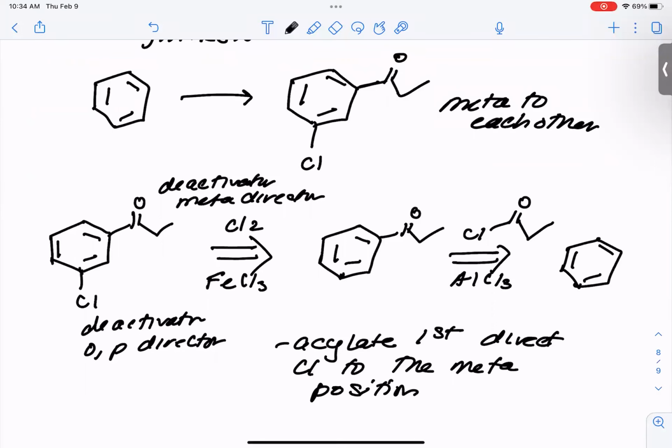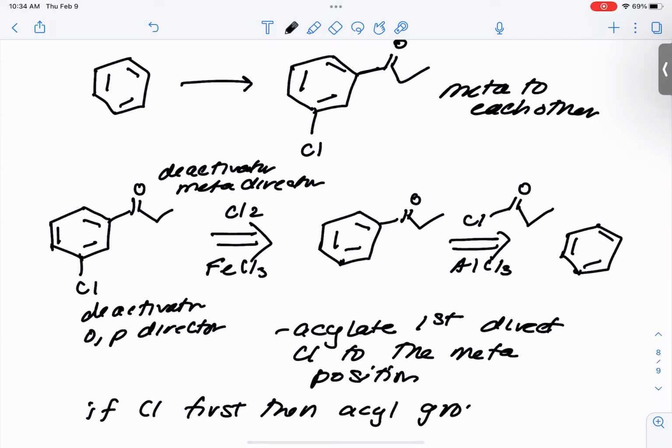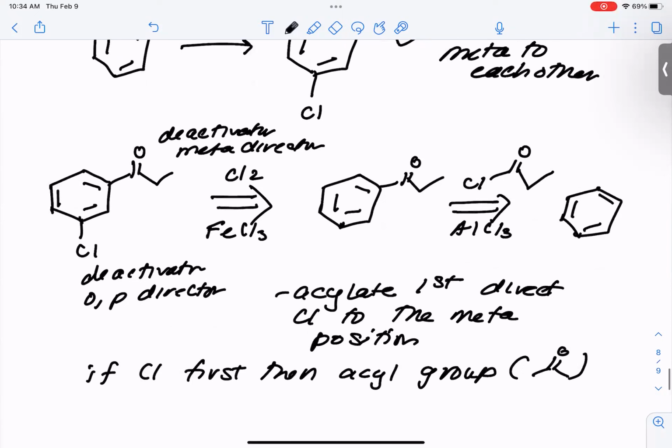If you chlorinate first, then the acyl group, that carbonyl, will be para and ortho to it. Okay, so this is another example of where you have to take stock of what's on your ring.